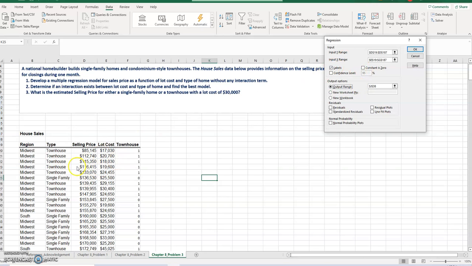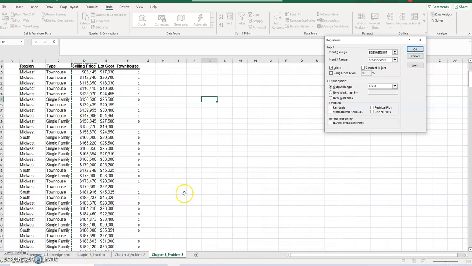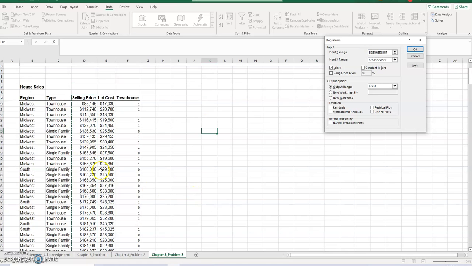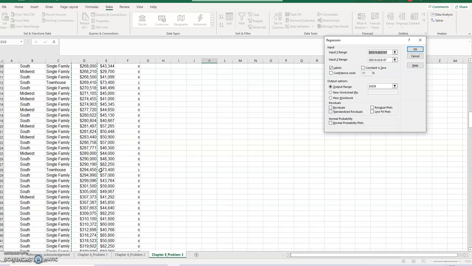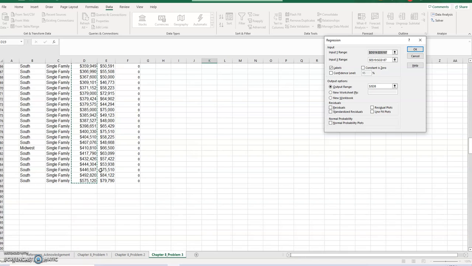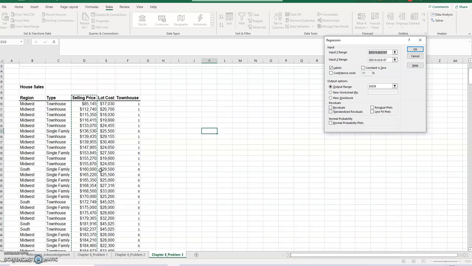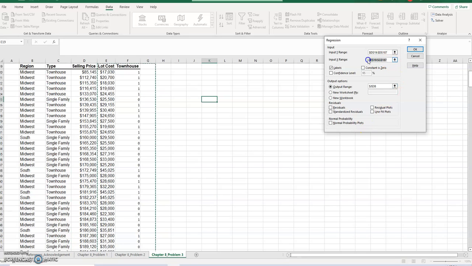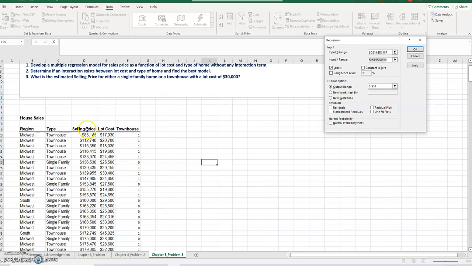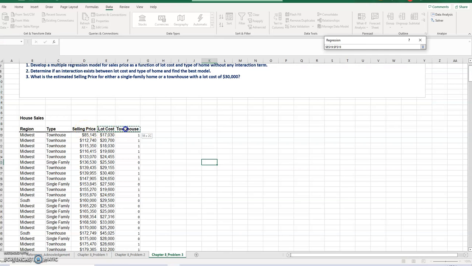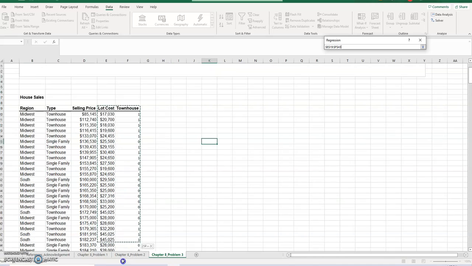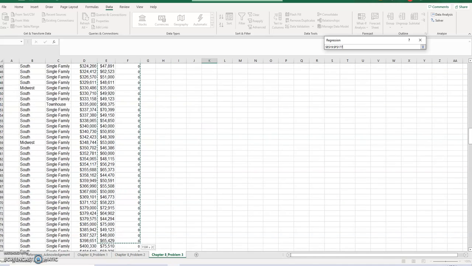The y variable should be, let me just redo this here, D19 to D187, which looks good. And then the independent variables, the x variables, are just going to be lot cost and type of home. I'll show you what's going on with that in just a second.